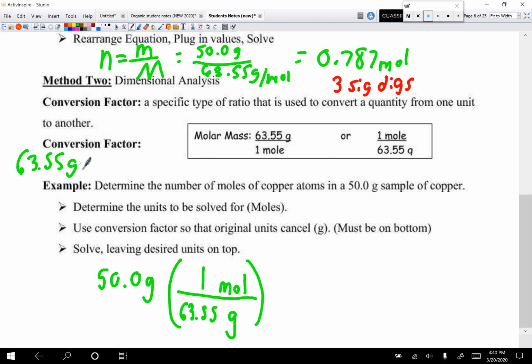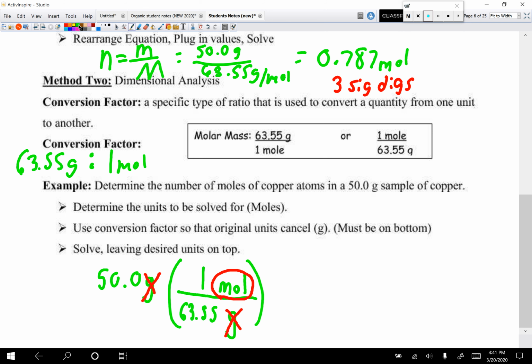So 63.55 grams is equal to 1 mole, and the ratio is 1 mole over 63.55 grams. If we do this, we notice that we have 50.0 grams in the numerator and grams in the denominator, so our grams units cancel out. The only unit left, or untouched, is the mole.